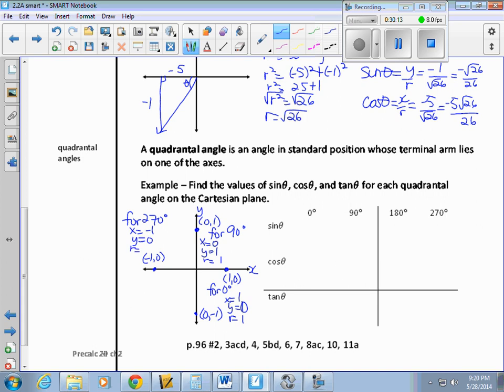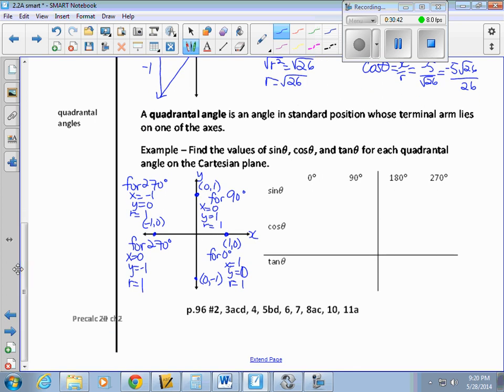R is equal to the square root of those two values squared and added together. So -1 squared is 1, plus 0 is 0. Square root of that is just 1. And then down here at 270 degrees, I have x is equal to 0, y is equal to -1, r then, of course, is equal to 1. So your r is always equal to 1 on a unit circle.